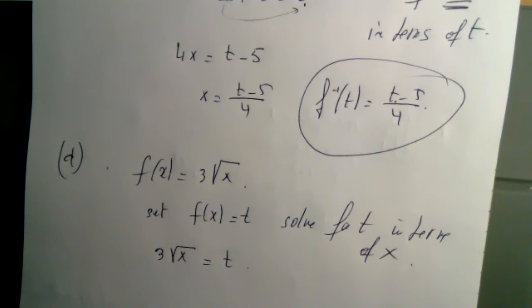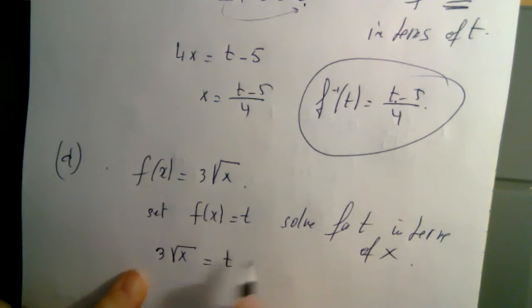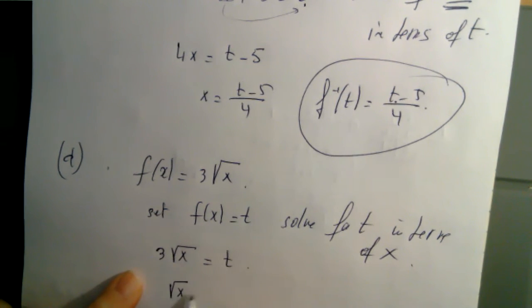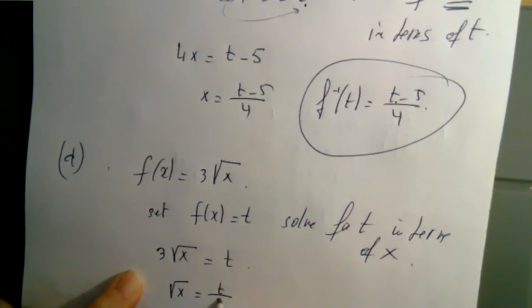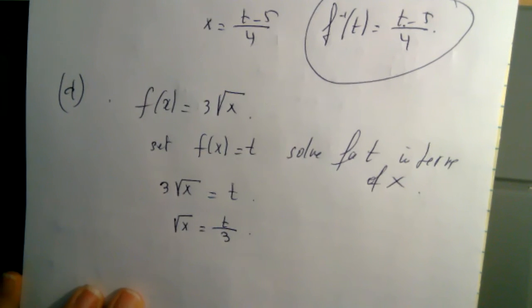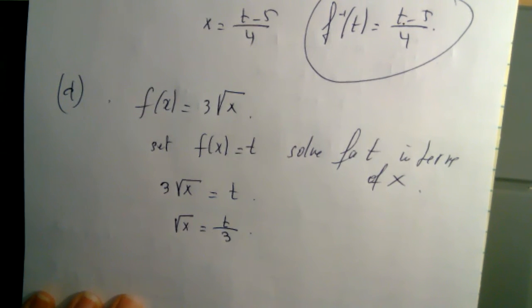You are faced with this problem. How do you do it? Divide both sides by 3. Immediately, I want a way to isolate my x, so I divide both sides by 3. And then, how can I get rid of the square root?